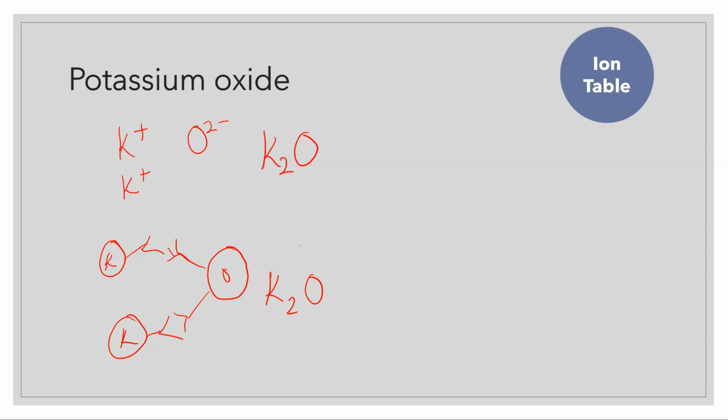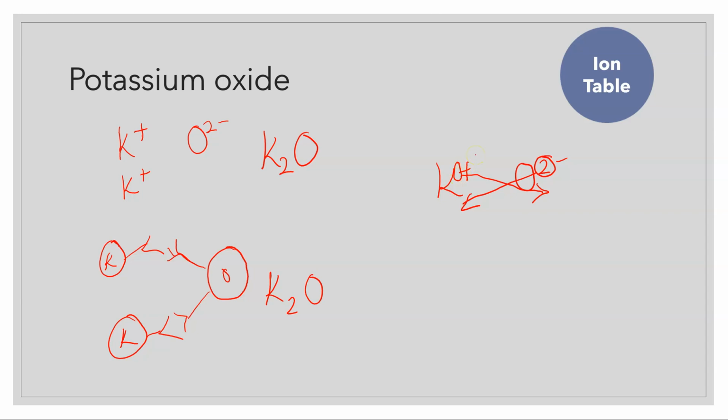So let's have a look at the crossover method then. So we've got K+ and O2-. Remember the crossover, it means that the numbers before the charges come across and down. So this 2 is going to come across and down behind the K. And this secret number 1 is going to come across and down behind the O. So we forget the charges.